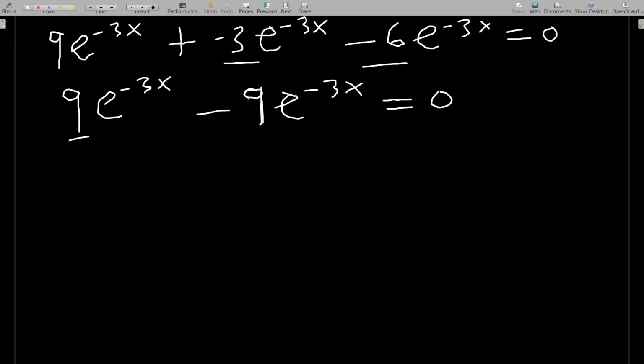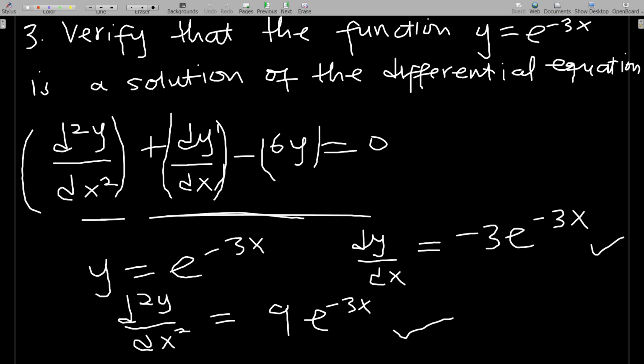So 9 of this, 9 of that, when you subtract, you get 0. So 0 equals 0. And then since the left side is equal to the right side, you have an identity, and this shows that the solution given, y equals e to the negative 3x, is a solution to this differential equation.